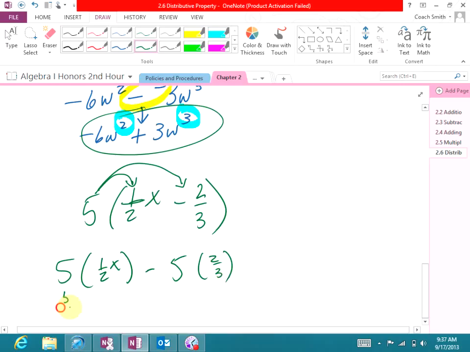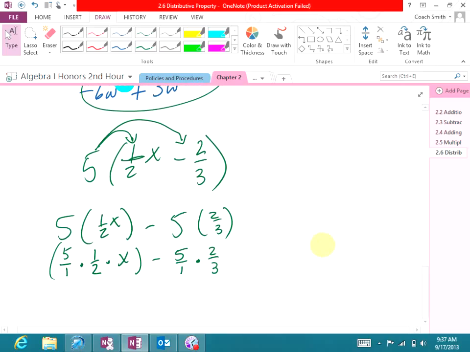So that's 5/1 times 1/2 times x, minus 5 over 1 times 2 over 3, which is 5 over 2 x minus 10 over 3.